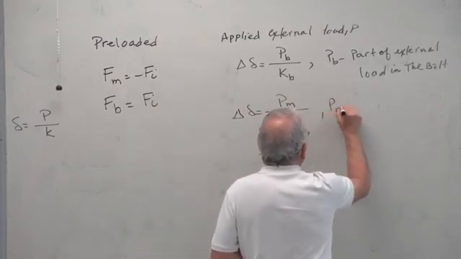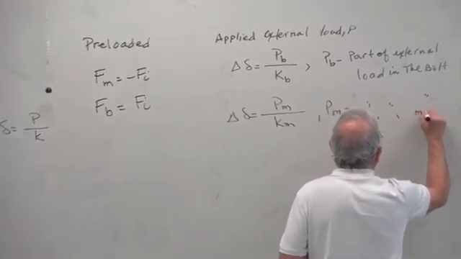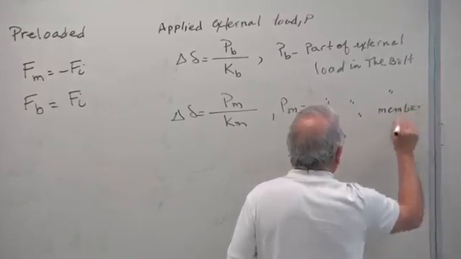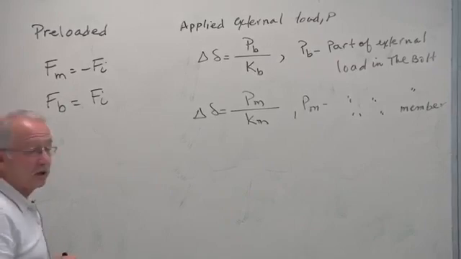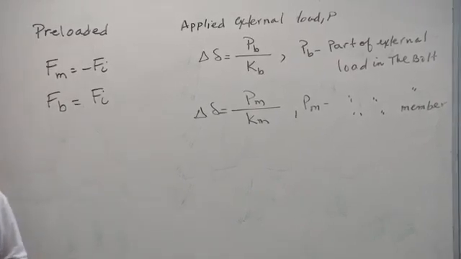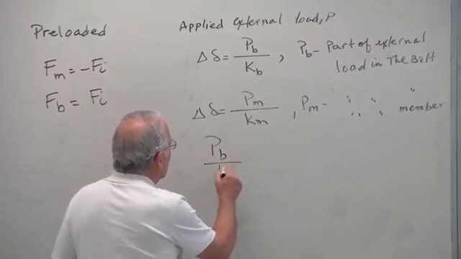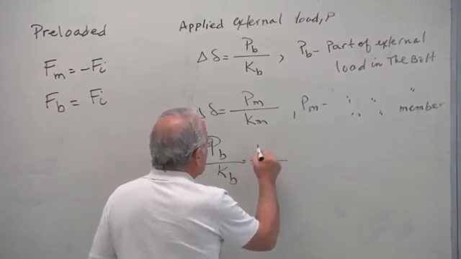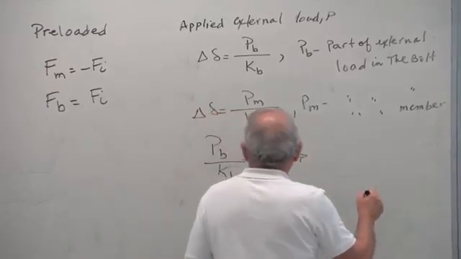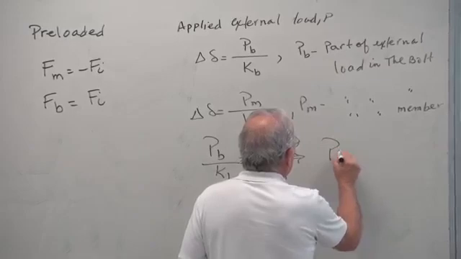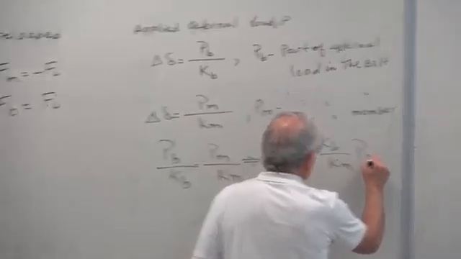So PM is part of the external load in the member. But the two deformations must be equal. So we have PB over KB is equal to PM over Km. Therefore, PB is equal to KB over Km times PM.